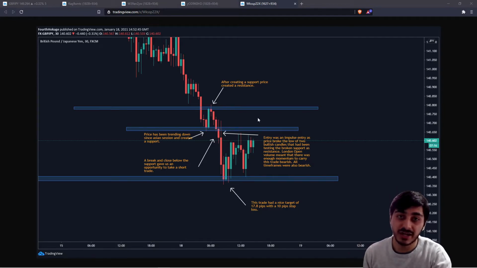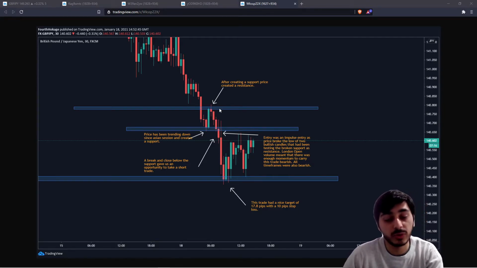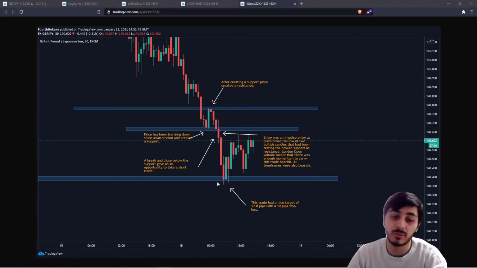We're not in that time frame that I always talk about, so we can't take an impulse entry, and so we just wait for candles to close. We take this close here as price breaks this candle, stop just above this candle, and price pushes downwards to our target, hits 10 pips, and then our runner gets hit as well at 17.8 pips.